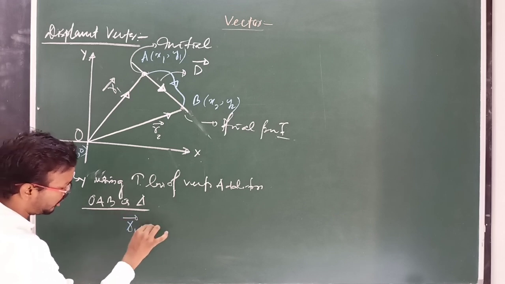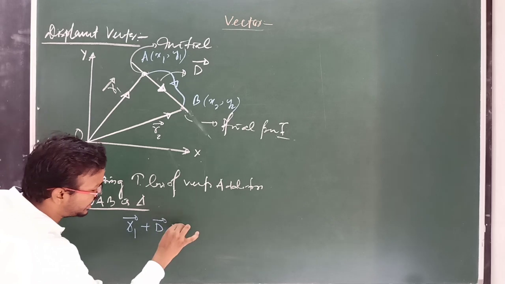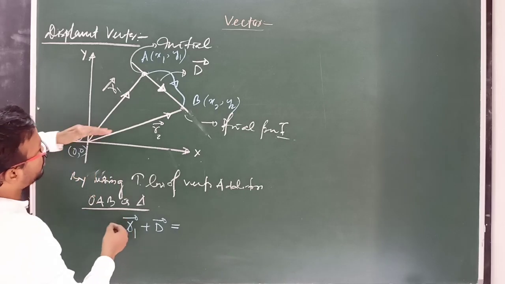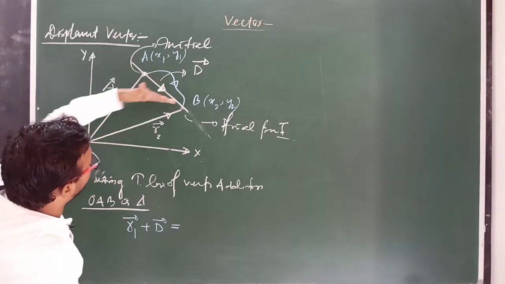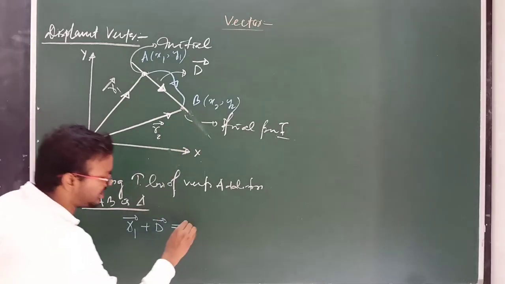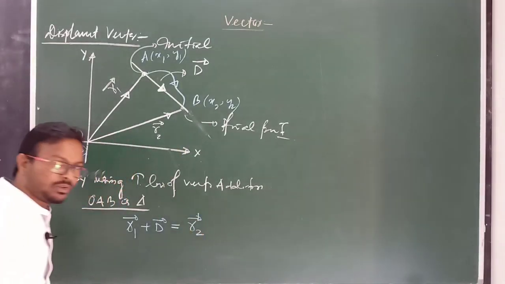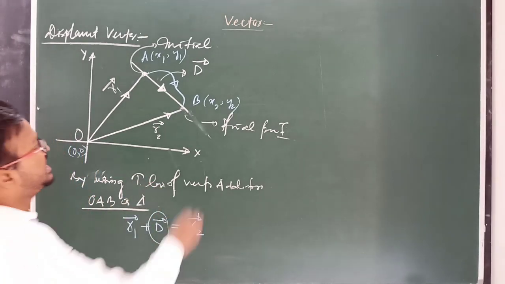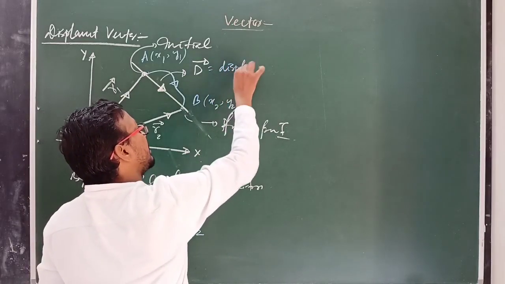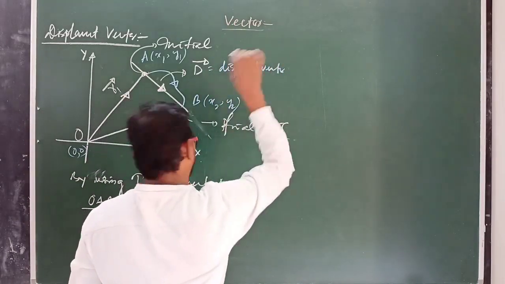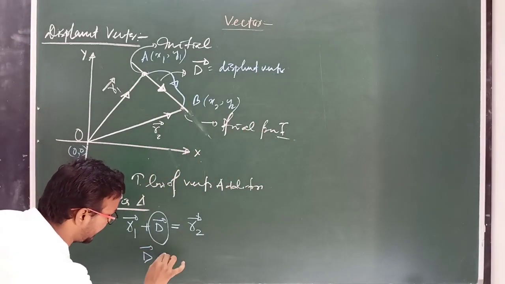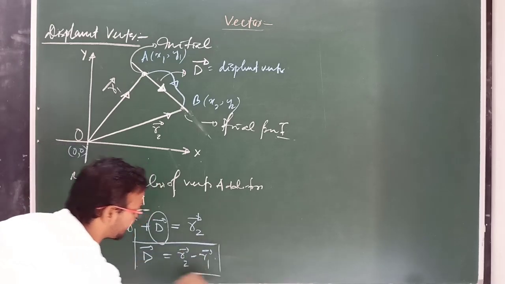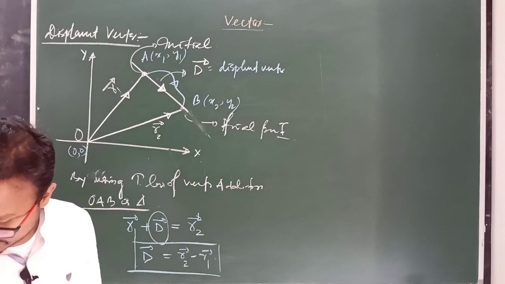R1 position vector plus D displacement vector gives the resultant, or the third side of the triangle, the closing side, which shows the opposite order. R1 and D are in the same order, and here the r2 vector, which represents the resultant, is in the opposite order. But here we have to find the displacement vector D. So D is known as the displacement vector. So the displacement vector is r2 vector minus r1 vector. So what is the definition of displacement vector?